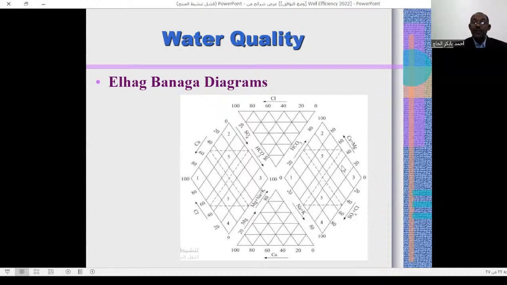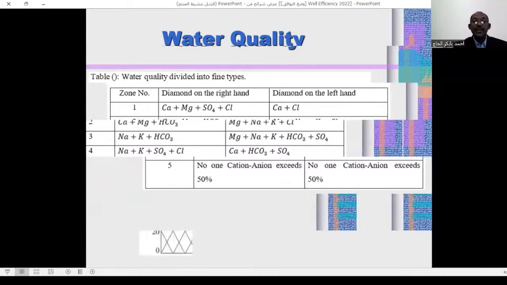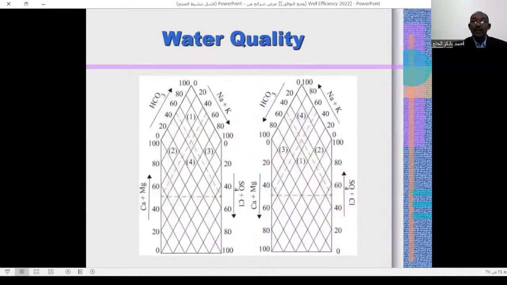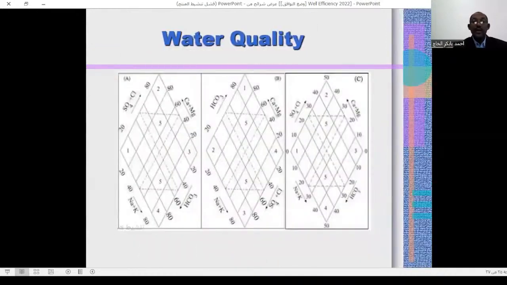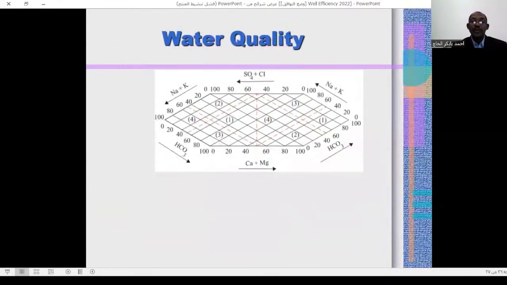Five zones or 10 different types of water are discussed in this table. The second diagram also discusses four types of water. Also, this diagram discusses the different types of water, ground or surface. Lastly, the last diagram also discusses four types of water.